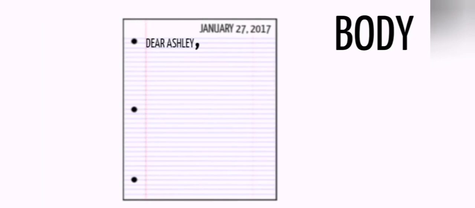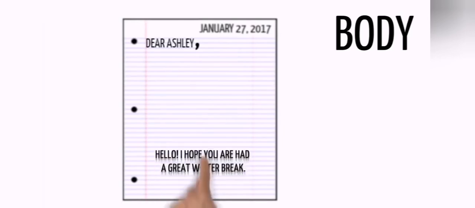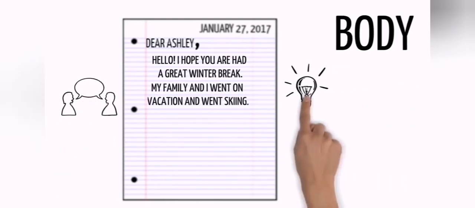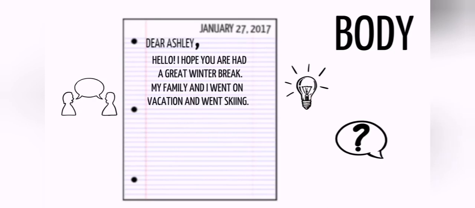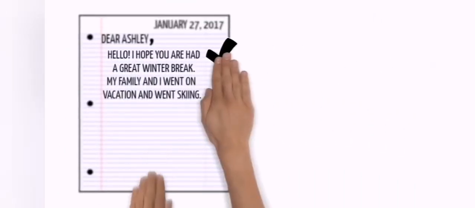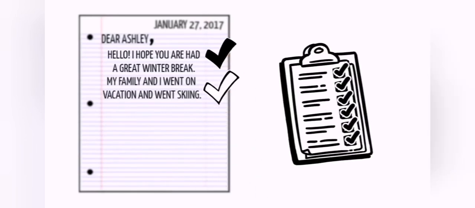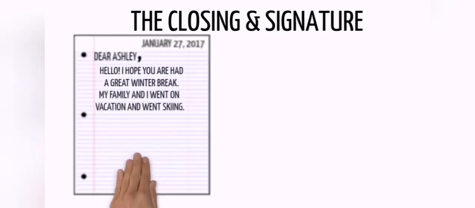After the salutation comes the body of the letter. The body is very important because it is where you communicate your thoughts, ideas, and questions. The body of the letter always needs to be written in chronological order or in a sequence. The closing and signature come after the body.